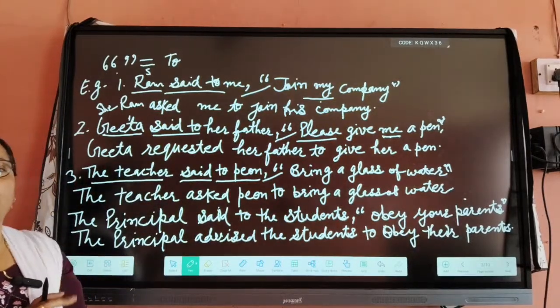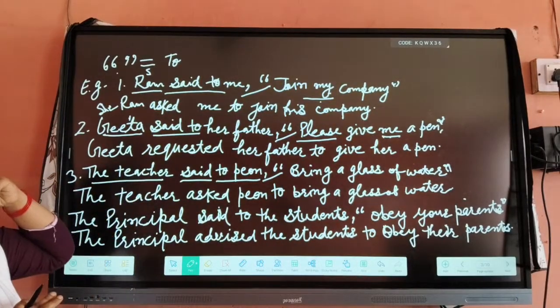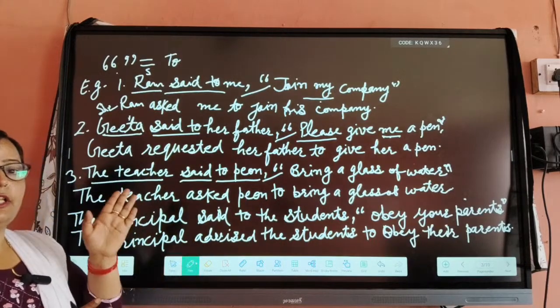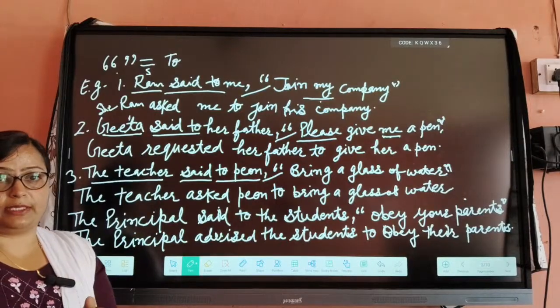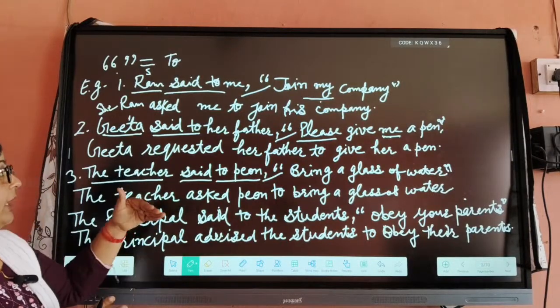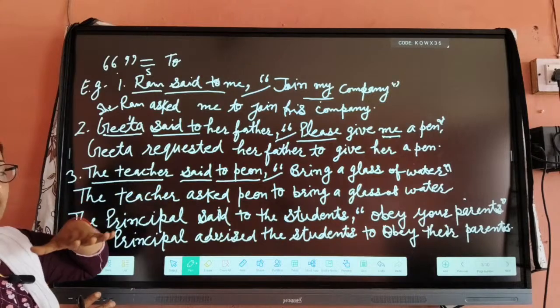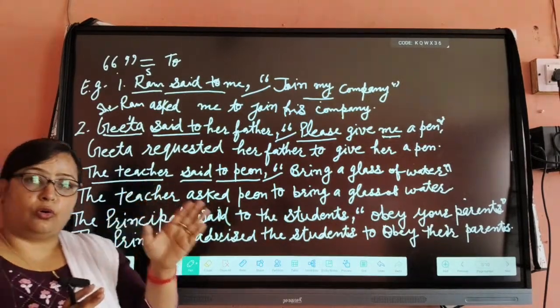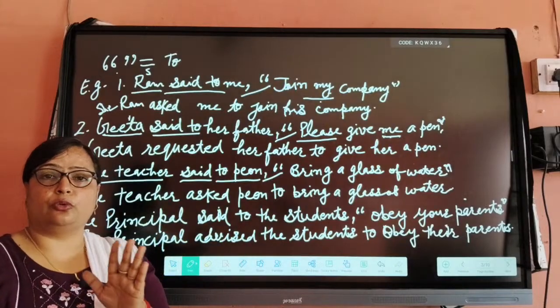Okay, what have we learned now? We have learned that when we are going to change the narration of an imperative sentence, we have to go with the sense of the sentence. If we have a sense of request, then we will change our said to into requested. If we have a sense of order, then we will change our said to into ordered.